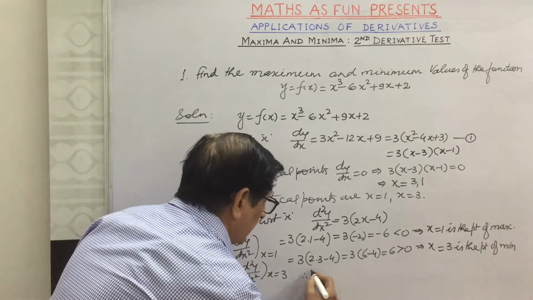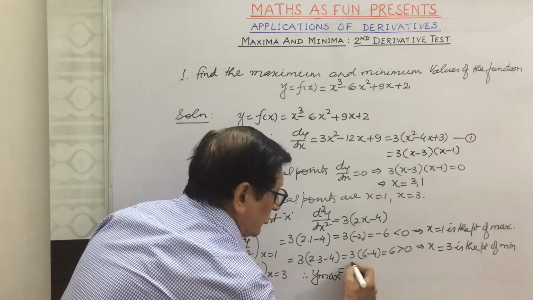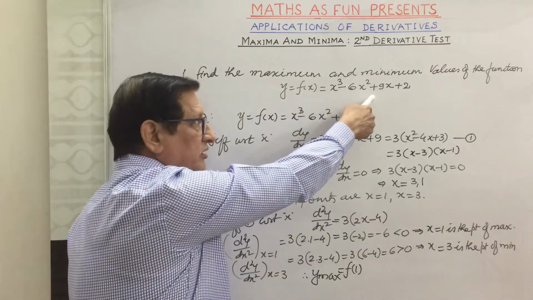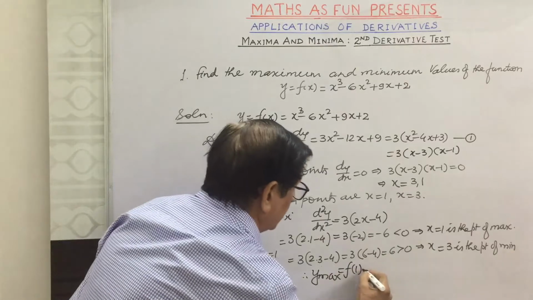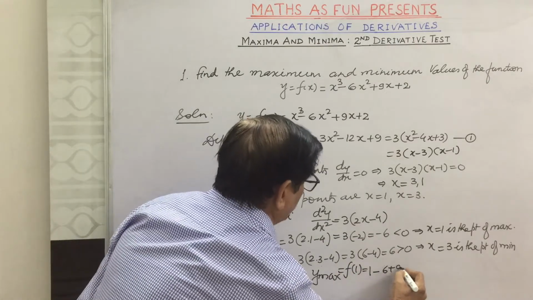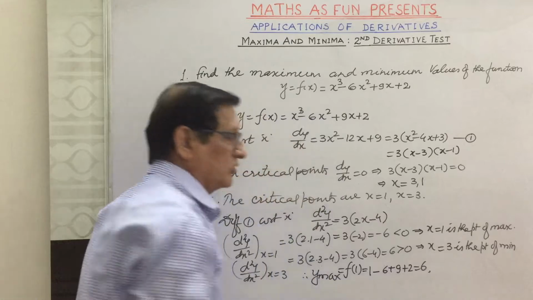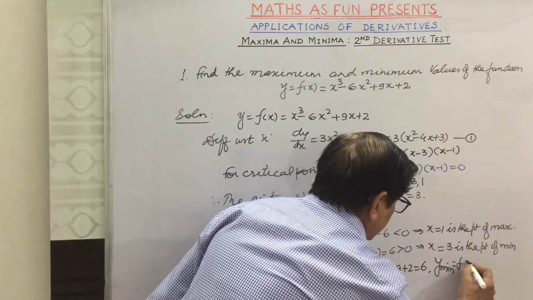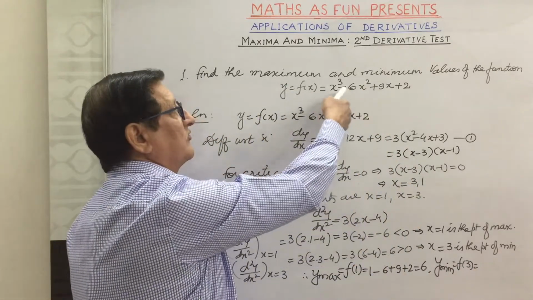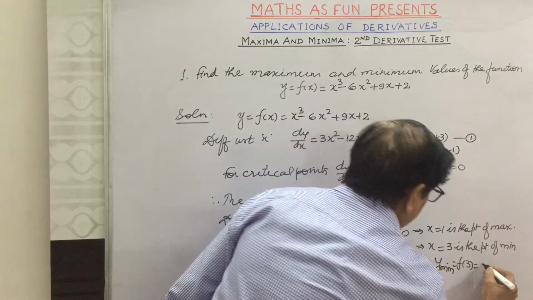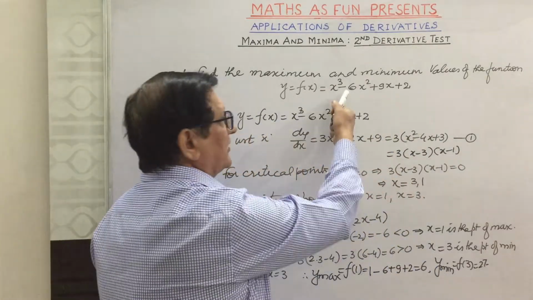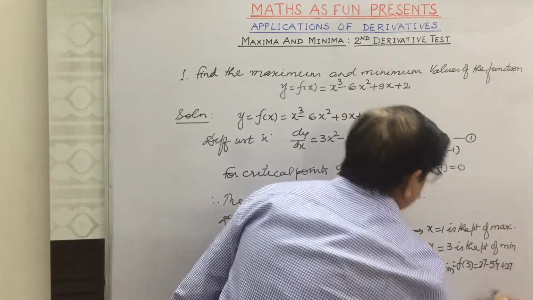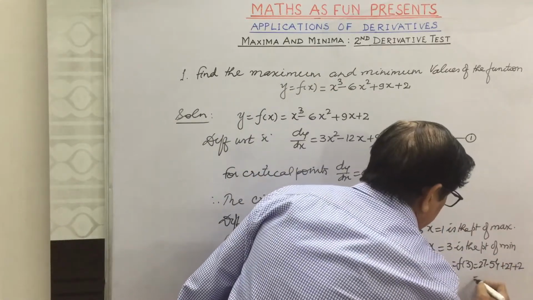So we can write y maximum is equal to f(1), that is at x is equal to 1. So we substitute the value of x as 1 in this function and we get 1 minus 6 plus 9 plus 2, which is equal to 6. Similarly, y minimum will be f(3), and when we substitute the value of x as 3 here, that will be 27 minus 54 plus 27 plus 2, which comes as 2.